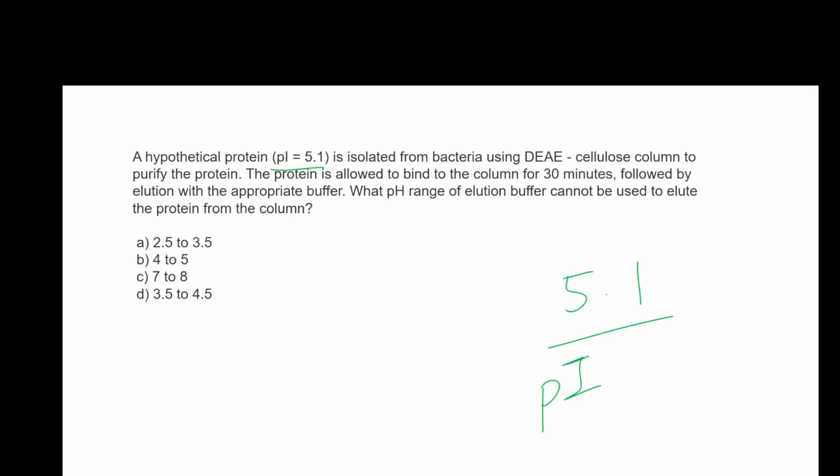So it will not be soluble anymore. If you put your protein in a buffer whose pH is equal to the isoelectric point of that protein, then the protein will precipitate in the buffer. It will no longer remain soluble.